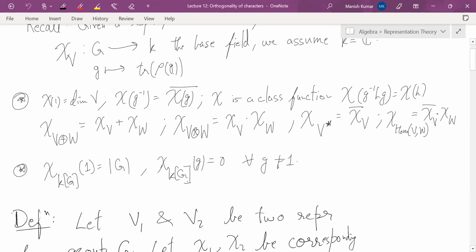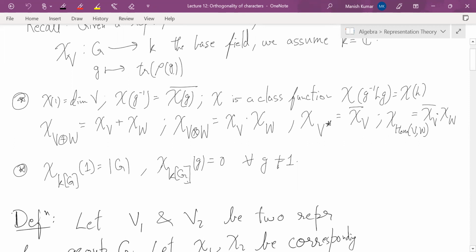So you can see that the character could be complicated, in the sense that it's not really a homomorphism unless V is a one-dimensional representation, in which case the character is the same as the representation. Then it's a homomorphism. Otherwise, it's some weird kind of function.